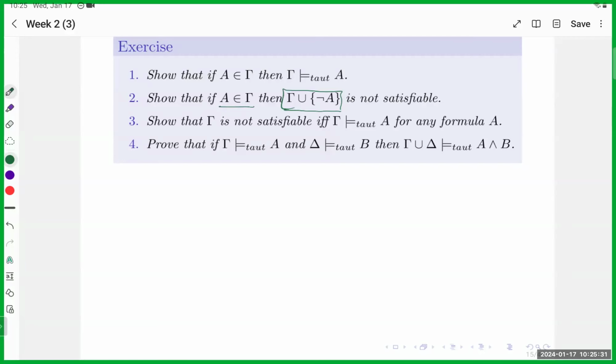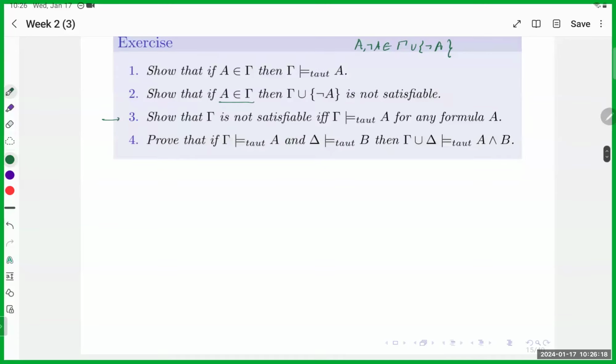Note that there cannot be one, because this set, gamma union negation of A, contains both A and negation of A. If there's a state that satisfies it, that means it gives true to all the formulas in gamma union negation of A. It's giving true to both A and negation of A, which is not possible.